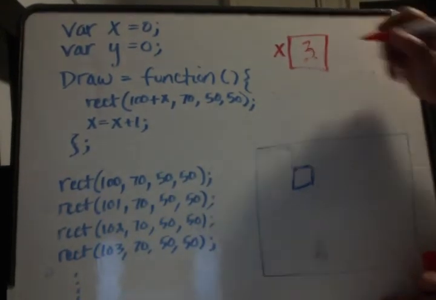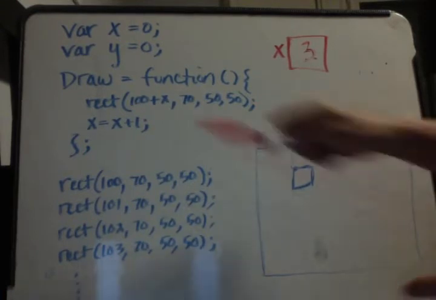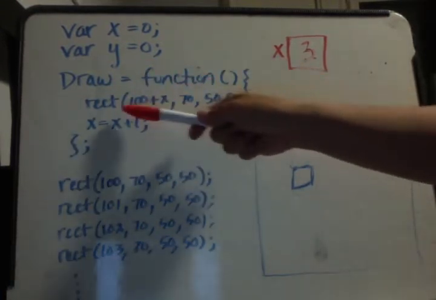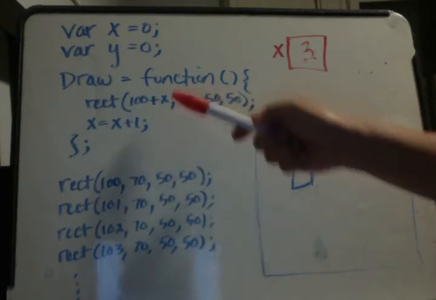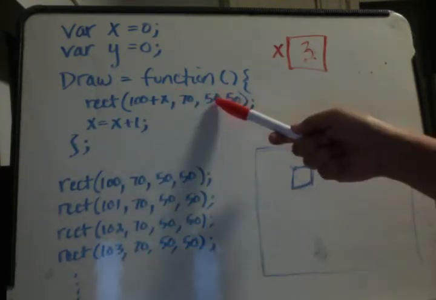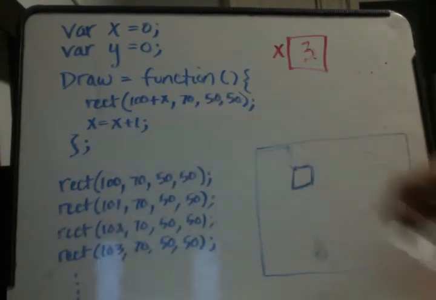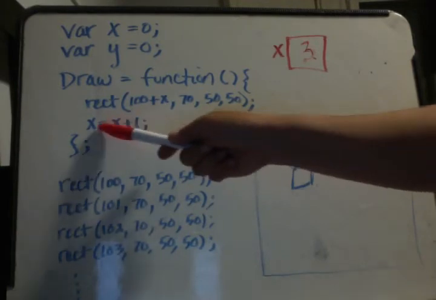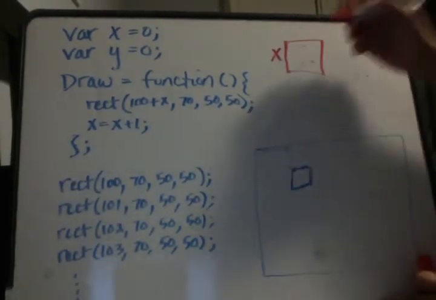Okay, x is 3 now, and we come back up here. The draw function comes around. Rect 100 plus x, 70, 50, 50 would be 103, 70, 50, 50. So that's what that is. And we come back and we say x equals x plus 1. 3 plus 1 is 4, so now we change this value to 4.